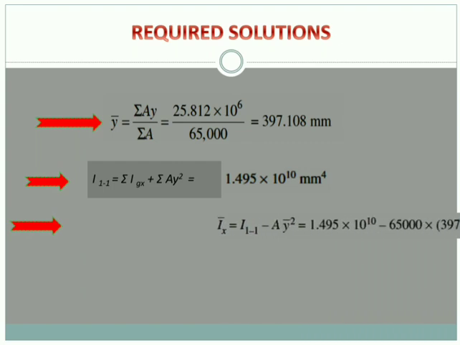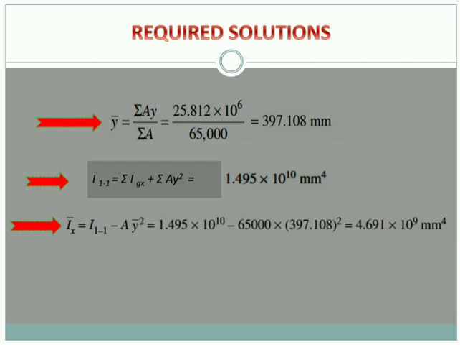So next will be the calculation of the moment of inertia about the x-axis. Again using the parallel axis theorem, I will get I bar x. Now I bar x is the moment of inertia of the entire figure about the x centroidal axis, equal to I11 minus a into y bar square.